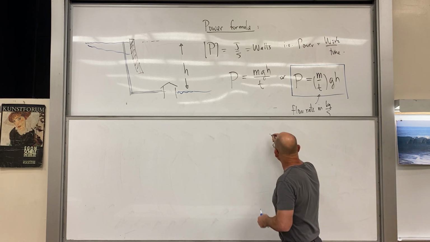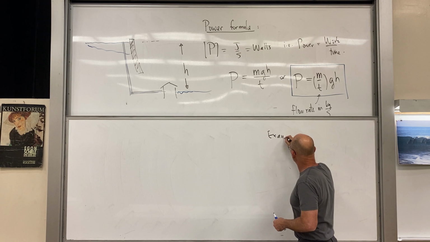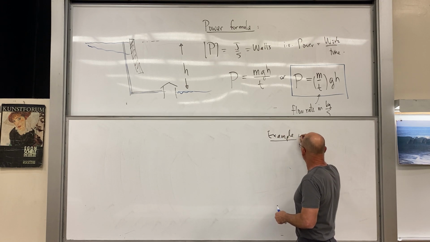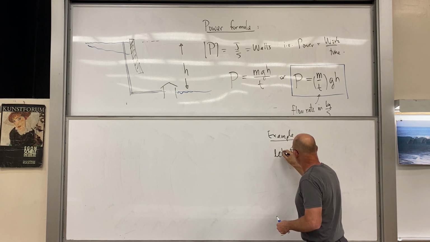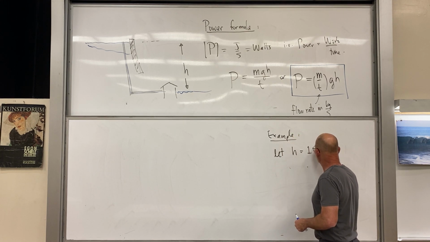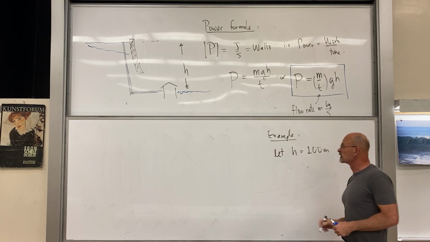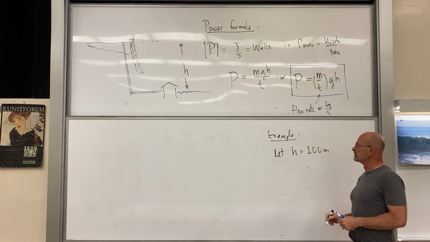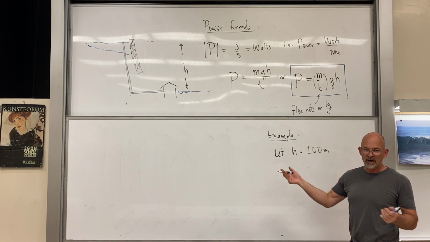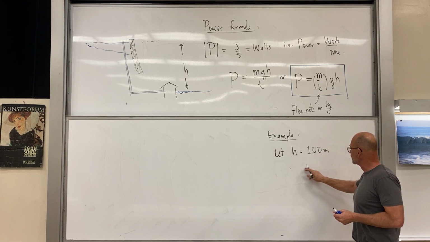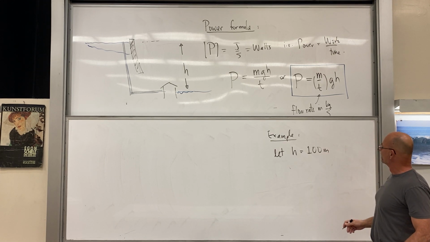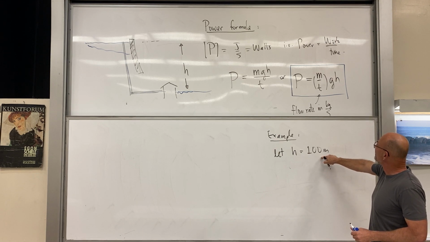So the example is the following. Let h be 100 meters. That's a nice size drop. We had a 500 meter drop in our other example, and they can be higher, they can be lower. Okay, so let h be 100 meters.